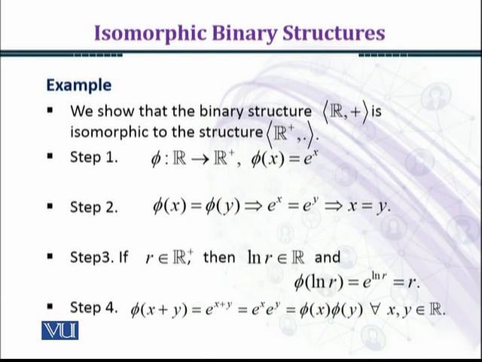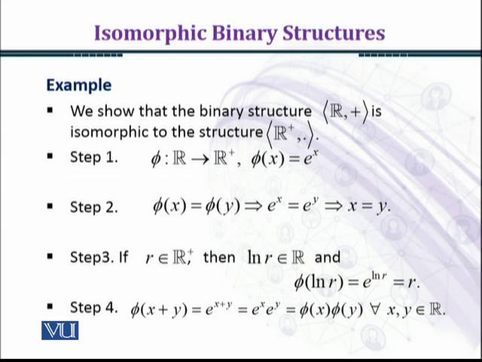At the end, we have to show that phi is a homomorphism. So we take two elements x, y in R, and in R the binary operation is given by usual addition. So we take the image of x plus y under the map phi.